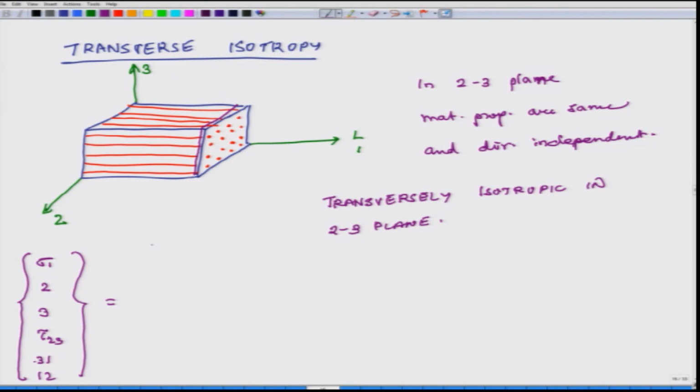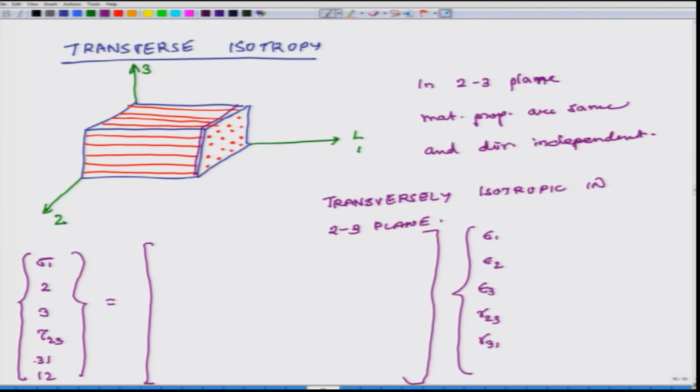And then we had these elastic constants in terms of C's. And we had strains epsilon 1, epsilon 2, epsilon 3, gamma 2 3, gamma 3 1, and gamma 1 2.